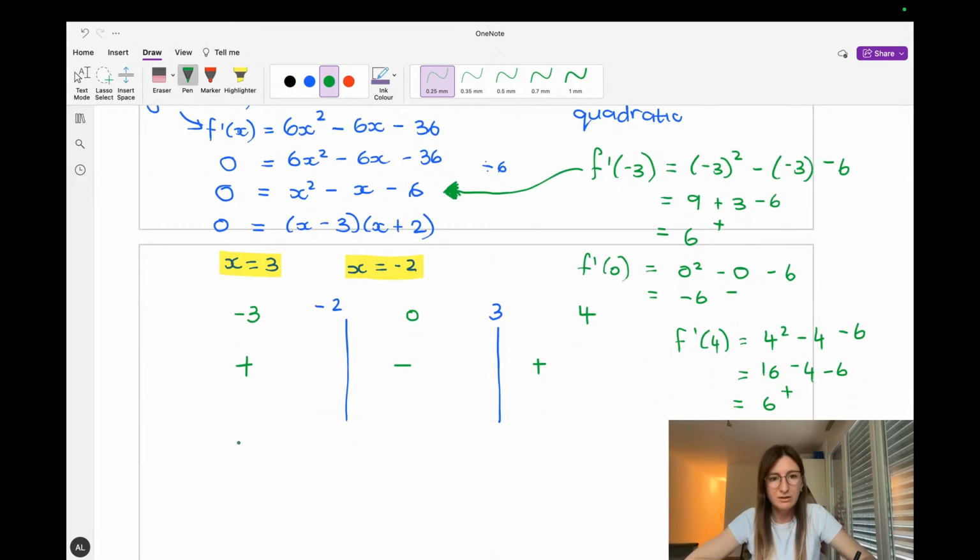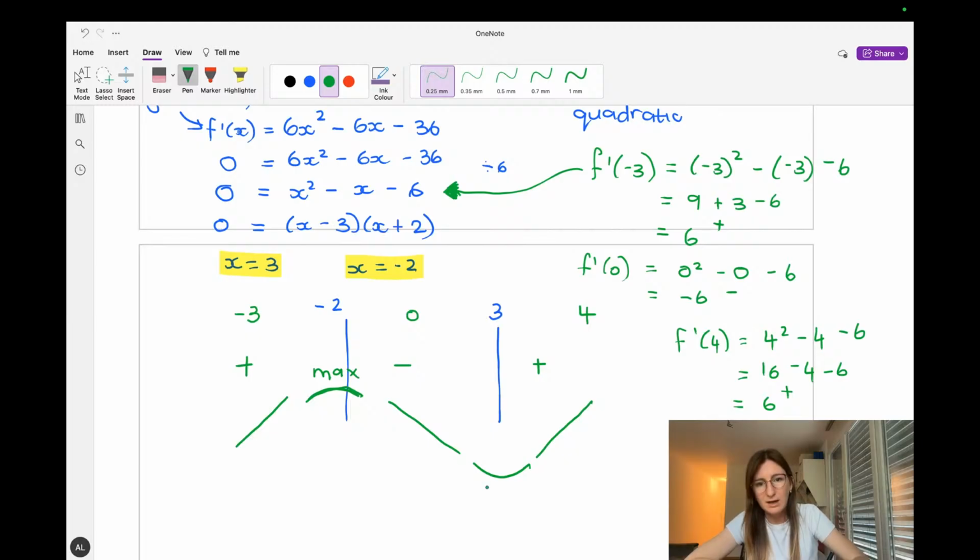All right, so what that tells me, now that I've got that in my sign table, is it's saying my function is increasing here. So you draw an increasing line. Then it's decreasing there. And then it's increasing here again. Positive gradient, negative gradient, positive gradient. So if I'm going up, can you see this makes like a maximum shape? I'm going up and over. And here I'm going down and up again. So at minus 2, I have a maximum.